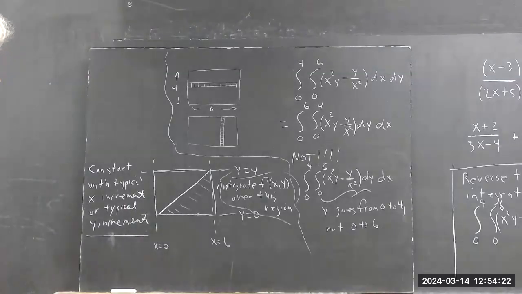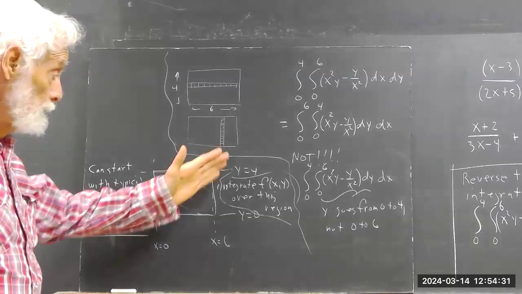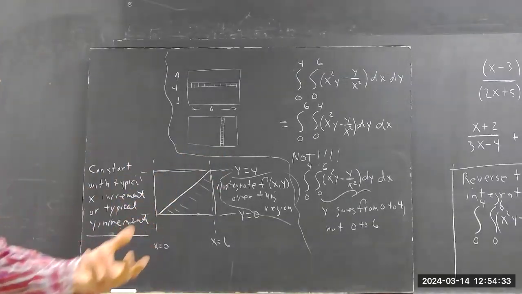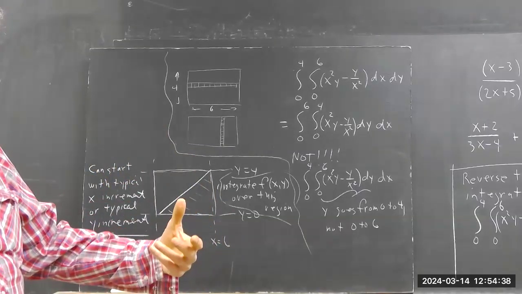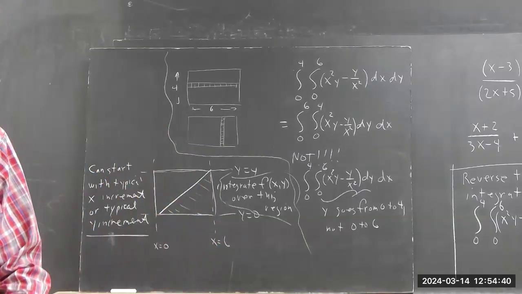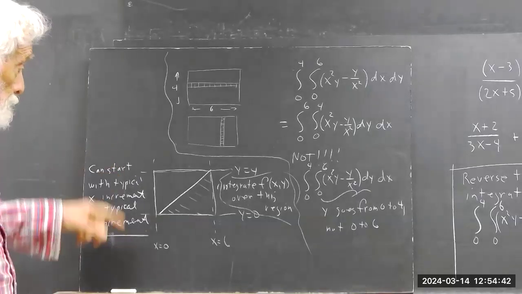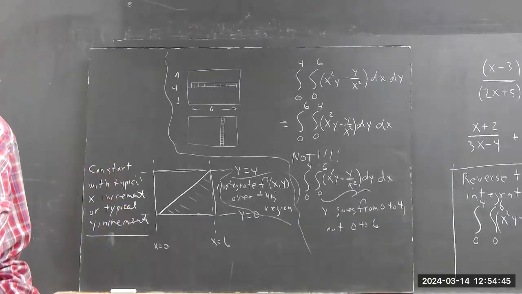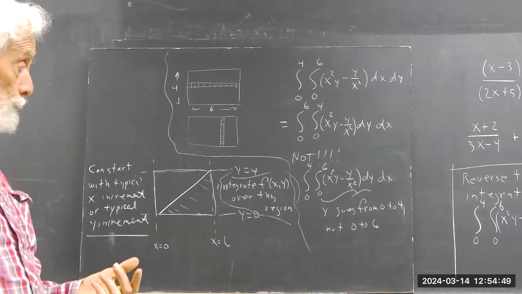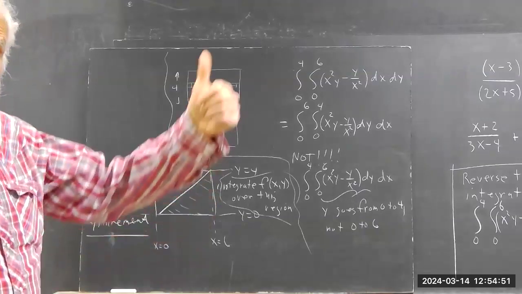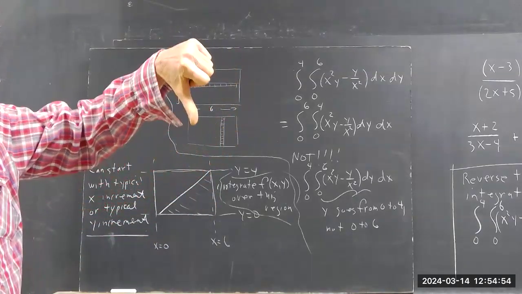Okay. I'll let you all vote. Makes no difference. It's no harder one way than the other. Now, with some curves, if I had a parabola here, maybe, or if I had something else, there'd be a definite preference to which increment we want to start with. And you'll see, we'll do examples of that before we're done, I think. But right now, it's not going to make any difference at all. But I'm going to let you choose. Do we want to start with an X increment or a Y increment? Thumbs up for X increment, thumbs down for Y increment.